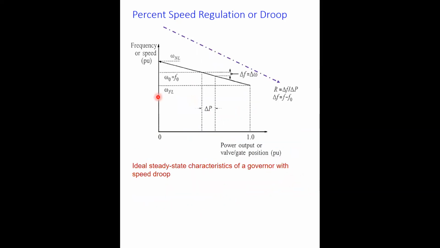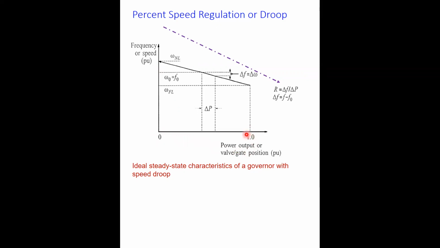So that is something like this. So you have the frequency. This is the no load speed, and this is 0 power. And if the power is increased to 100% per unit value, then the change in the speed from no load to full load, this is the full load speed here, is due to the change in the power by 100%.